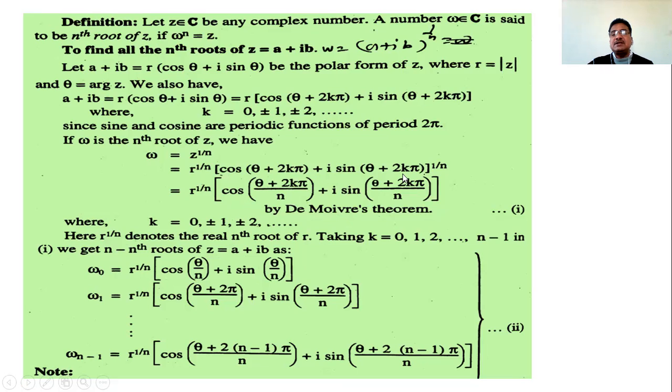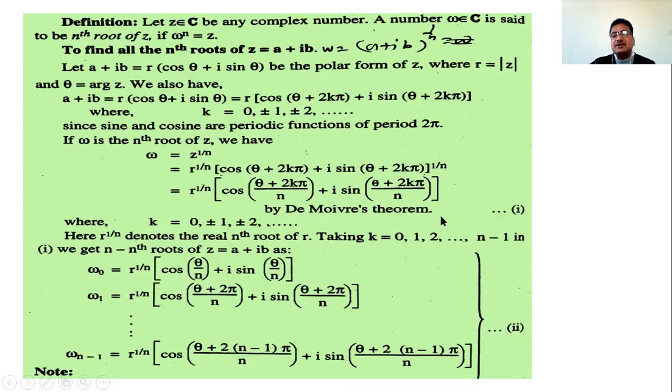Cos theta plus I sin theta raised to N is cos N theta plus I sin N theta. So the value of N is 1 by N. So this is cos, this into 1 by N means theta plus 2k pi by N into 1 by N. This into 1 by N means this, and this into 1 by N means this.